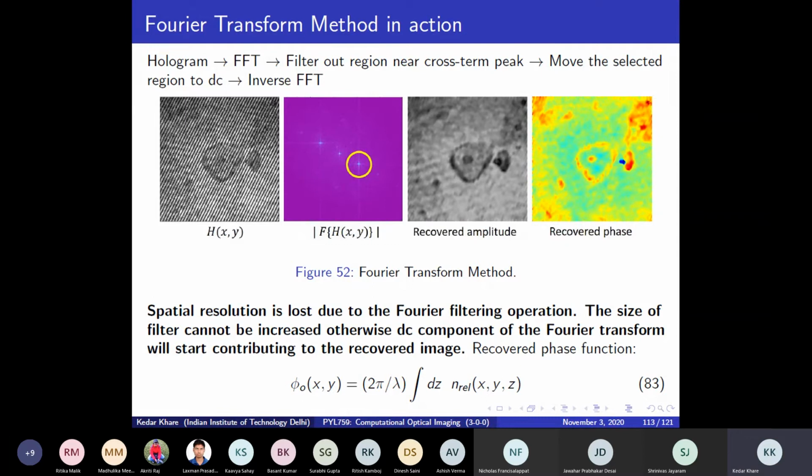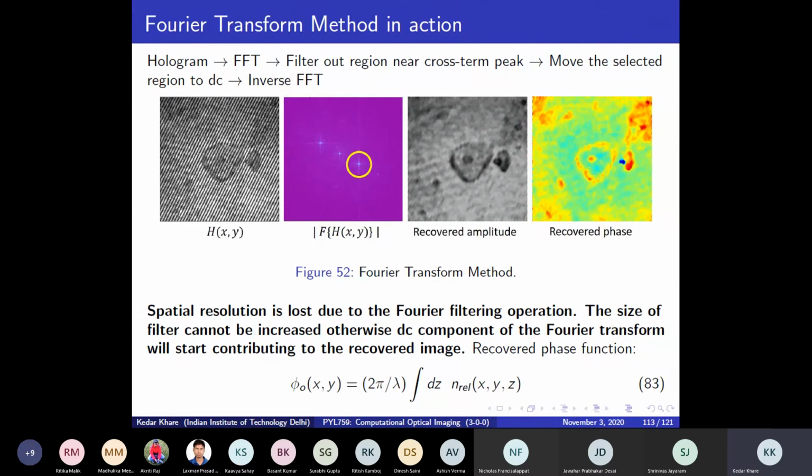But I also want to give another thought for you. If you did imaging of this cell under a typical normal microscope, then you will only recover this amplitude image. Okay. The information in phase has something to do with the optical thickness of the cell at different locations. And this information that is in phase is somewhat newer kind of information that is not present in the typical microscope.